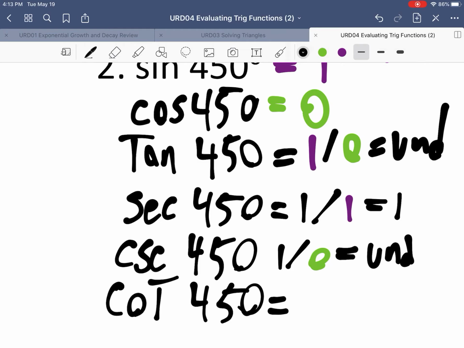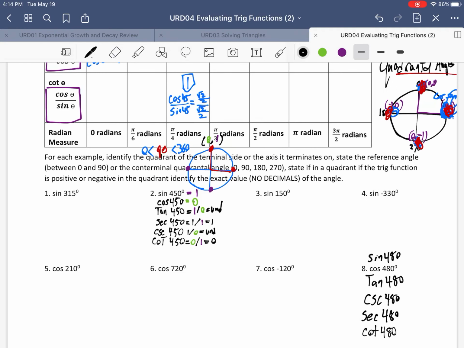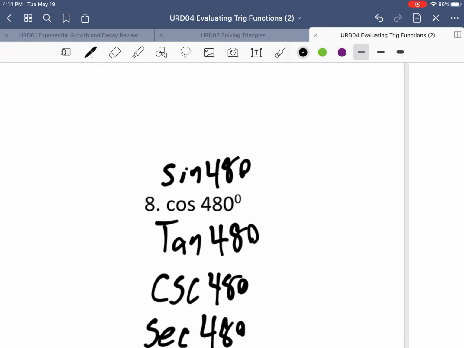And the cotangent value is going to be equal to the cosine value, which was 0, divided by the sine value, which was 1, which simplifies to be 0. So the answer to the originally asked question was 1, but if we were asked for any of the other values, we can do the same thing.